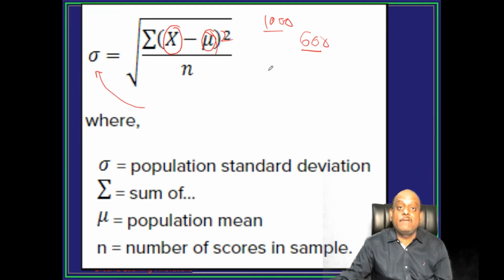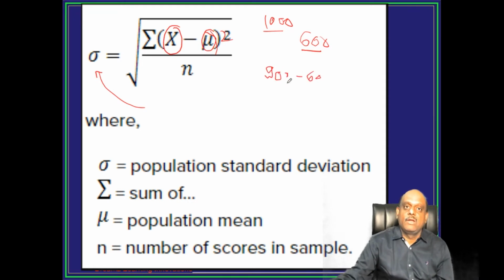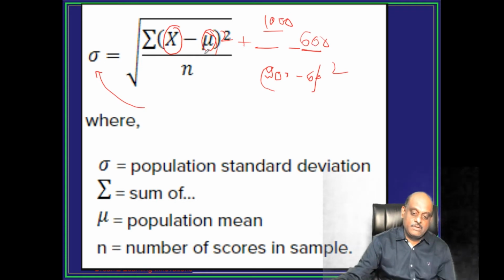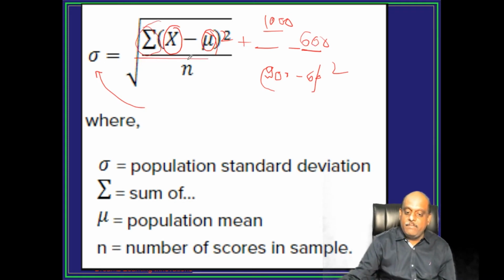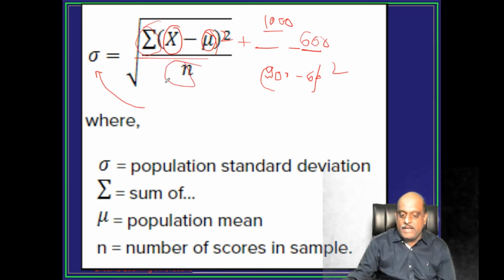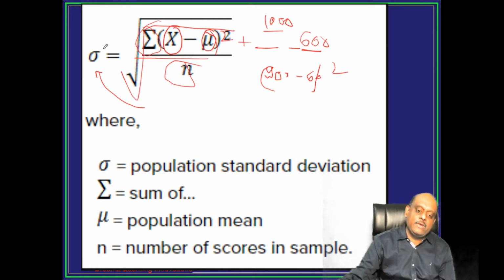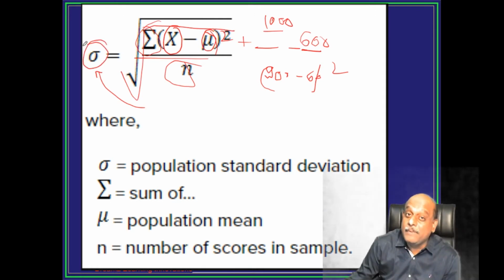Your friend roommate scored 900, so 900 minus 600, whole square, and you add all of those values. Sigma divided by total number of aspirants, 1,80,000 aspirants. Take the square root, and you get the population standard deviation.